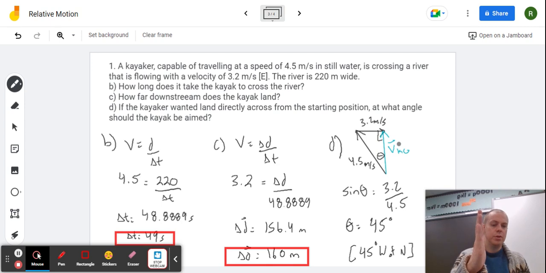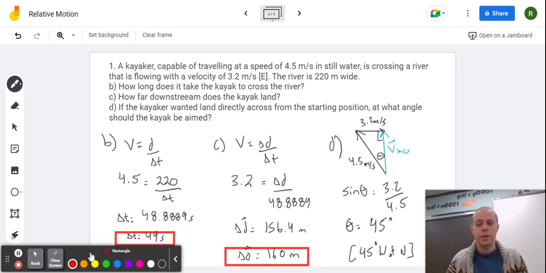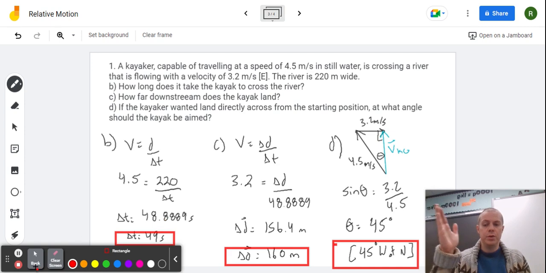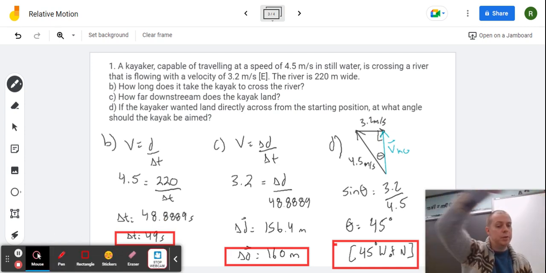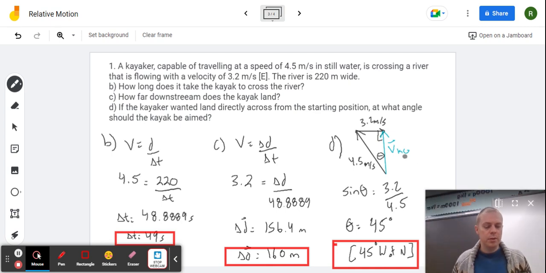So in order to get straight across, they would have to aim their kayak 45 degrees into the oncoming current. The end result is that they're going to end up straight across instead of not where they wanted to be and having to walk the kayak back. Okay? So they can plan ahead a little bit and get to where they want to go.